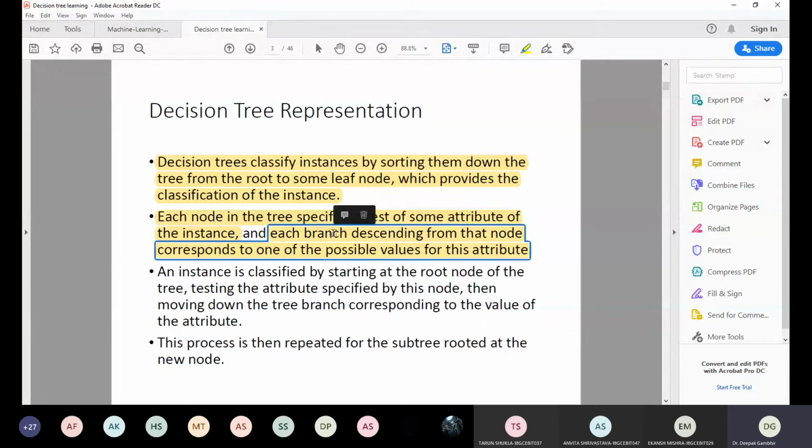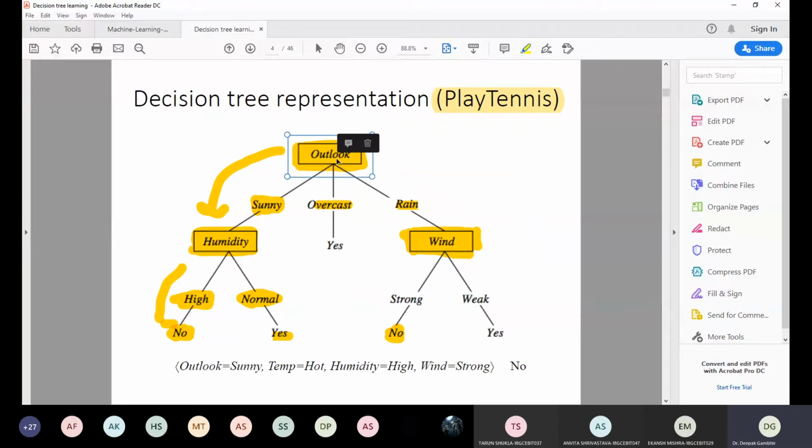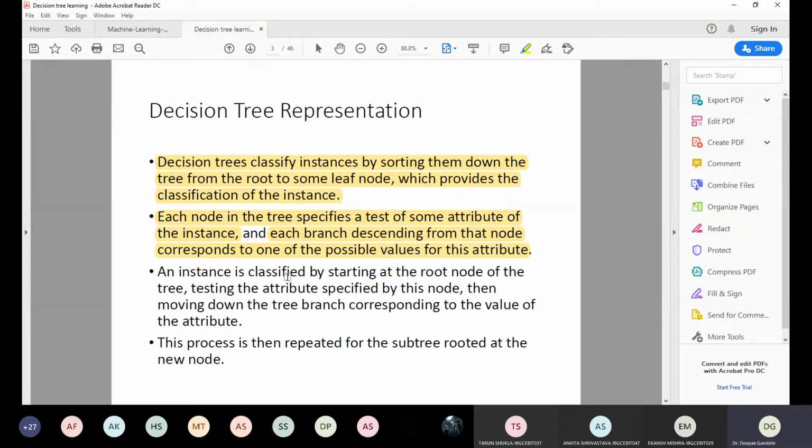Each branch descending from that node corresponds to one of the possible values of the attribute. In the case of outlook, the possible values are sunny, overcast and rainy. Whereas in the case of humidity it is high and normal, and in the case of wind it is strong and weak. That is how the decision tree is represented.